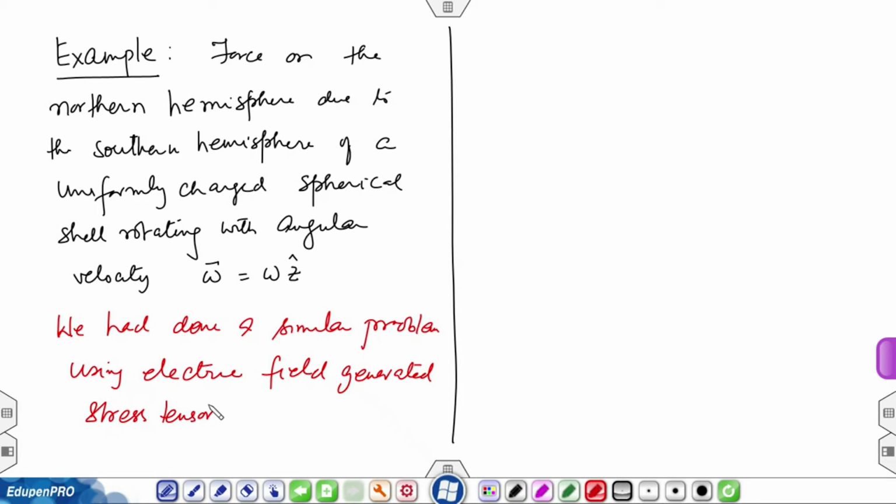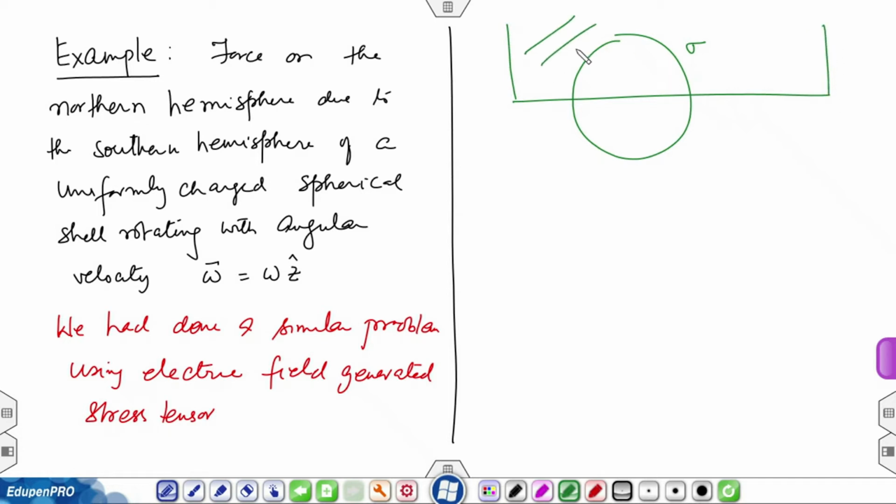And if you recall that, we had taken this shell which had surface charge density sigma, and we wanted to calculate the force on one hemisphere due to the other. So, we had divided the entire space into two volumes, and we calculated the force on the volume containing the hemisphere on which we wanted to calculate the force.